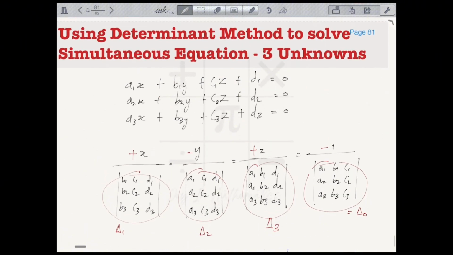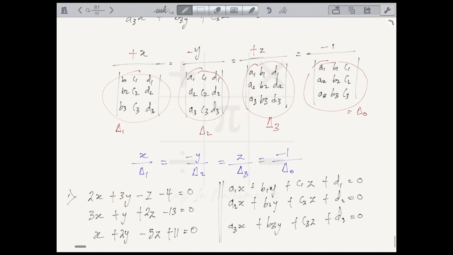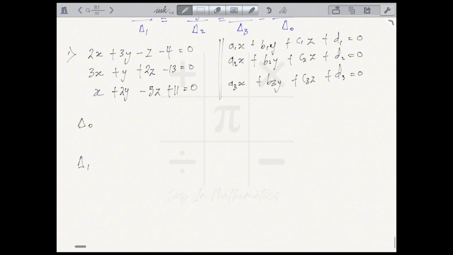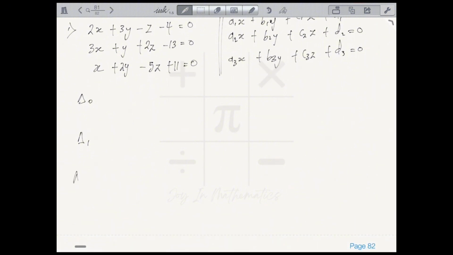And we can now perform the determinants. For the first set, we are going to look for delta 0, delta 1, delta 2, and likewise delta 3.